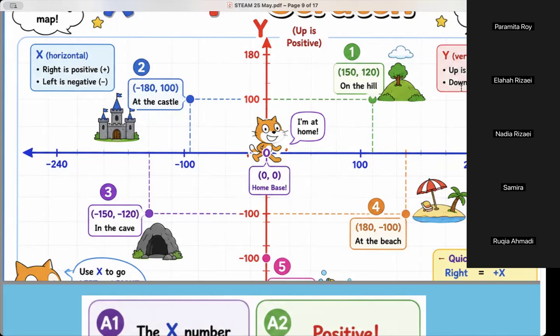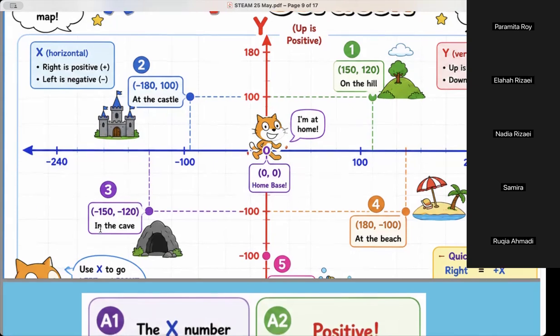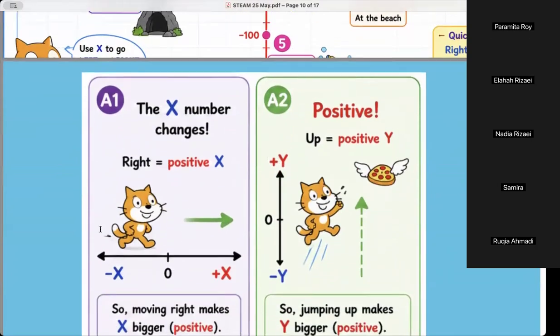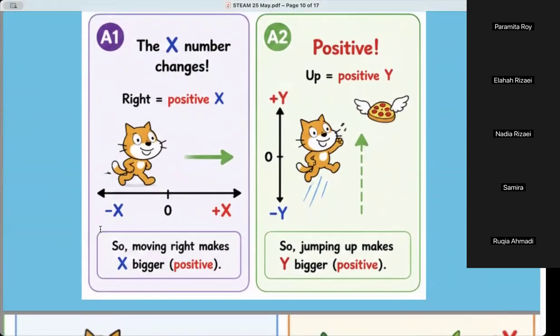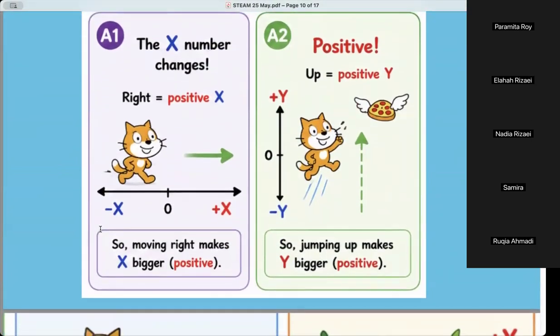Up is positive, down is negative. Anything down on the y-axis is minus. Anything left on the x-axis is minus. Okay, maybe you're thinking, Miss Roy, what are you talking about? I don't understand. But you will get it slowly.